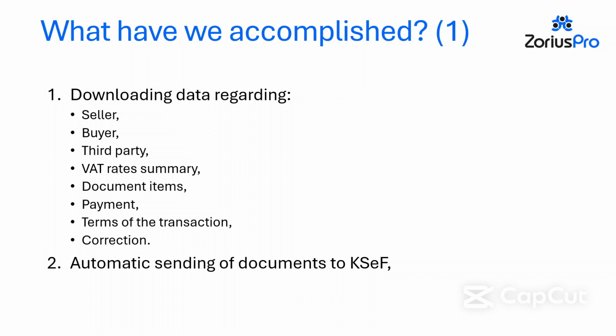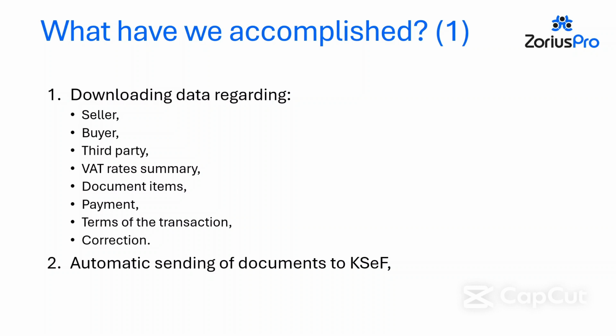For payments, the imported information is the bank number, SWIFT code, bank name, payment term description, and payment form. Transaction conditions refer to data regarding the order number, the date of issuance, and the delivery conditions, so-called Incoterms. Correction data retrieves data regarding the corrected invoice, its item data, KSeF number, and date of issue in KSeF.